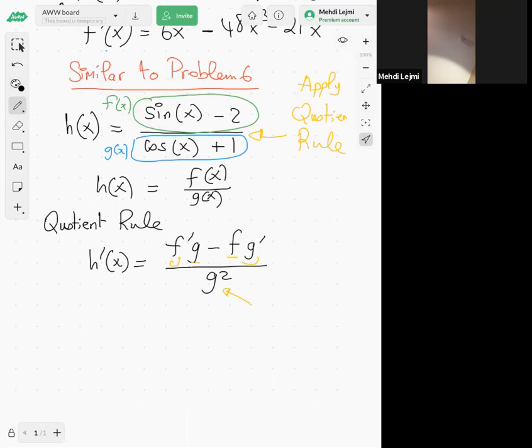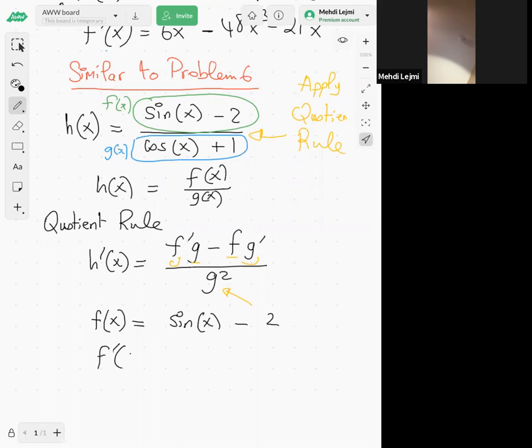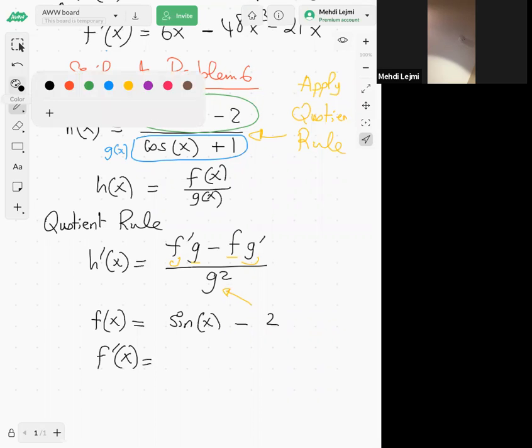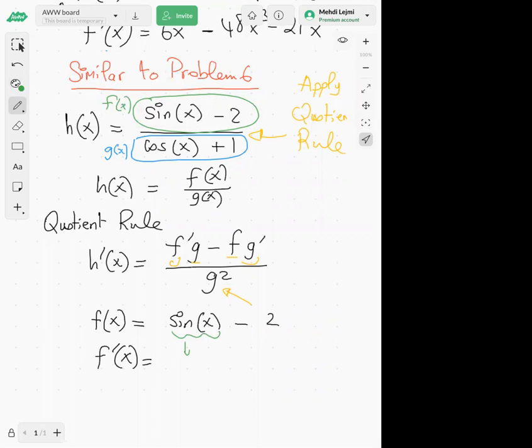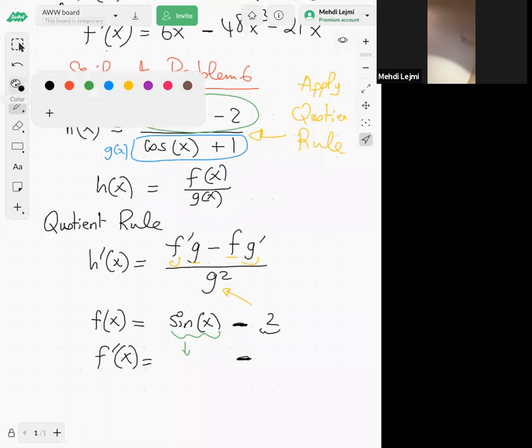My f is sine of x minus 2, so it's a subtraction. If you have subtraction or addition, there's no special rule; all you have to do is compute the derivative of each term. So f prime of x: first the derivative of sine, then keep the minus, and then the derivative of 2.